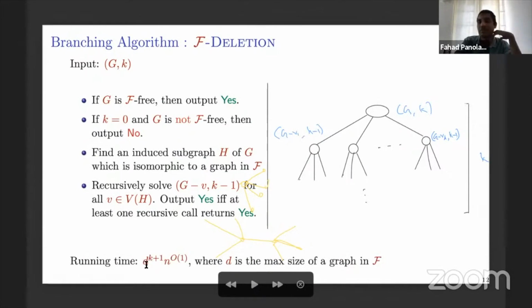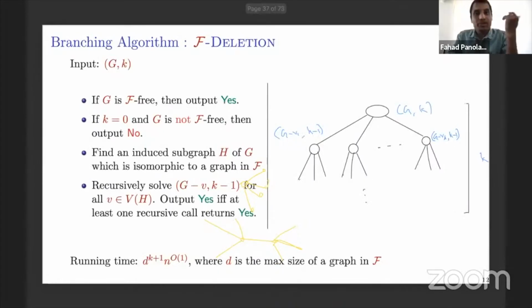It will have running time D to the k plus 1, where D is a constant, and for each node you are spending polynomial time, because you just need to find an induced subgraph of constant size which is isomorphic to a graph in F. So our algorithm for the elimination, which is yet to be defined, is a branching algorithm. Our algorithm will be of this nature.